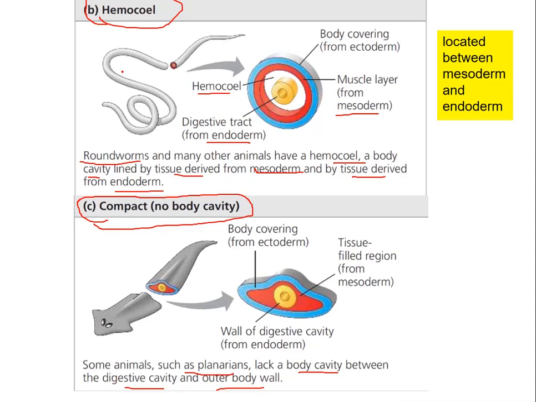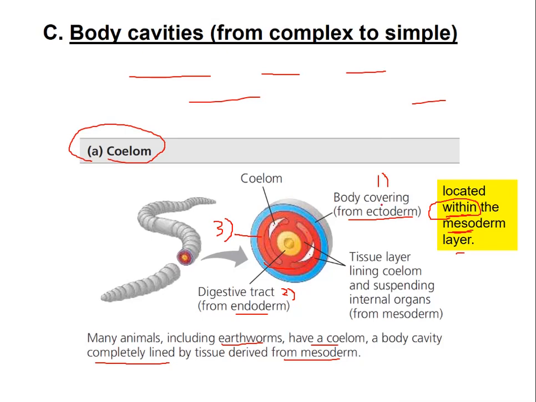But some of them have no body cavity, like Platyhelminthes, which is the planaria, where there is no body cavity between the ectoderm layer, mesoderm layer, or the endoderm layer. Some animals have a hemocoel, located between the mesoderm and endoderm layer. And some animals have a coelom, where the cavity is located within the mesoderm layer.